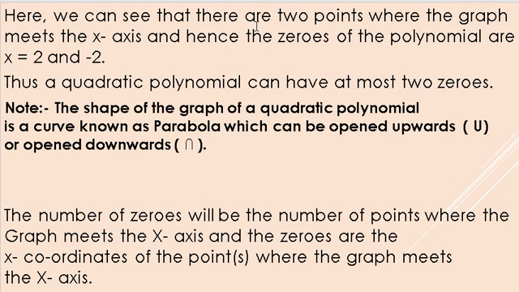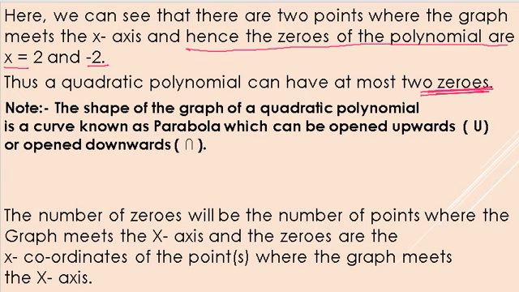Hence, we can see that there are two points where the graph meets the x-axis, and hence the zeros of the polynomial are x equal to 2 and minus 2. Thus, a quadratic polynomial can have at most two zeros, right?